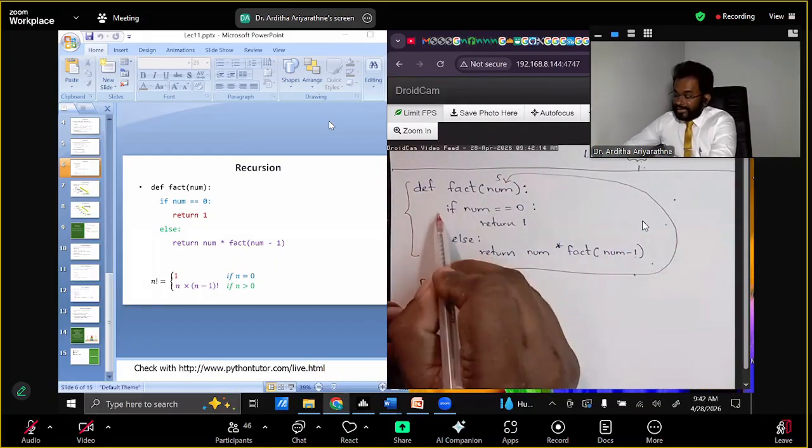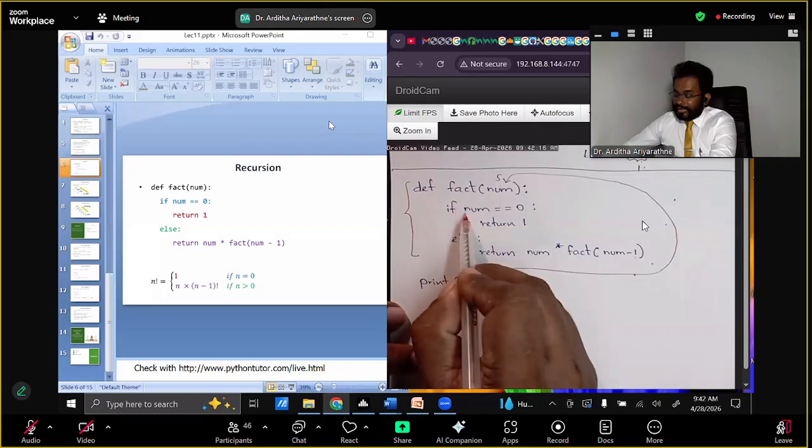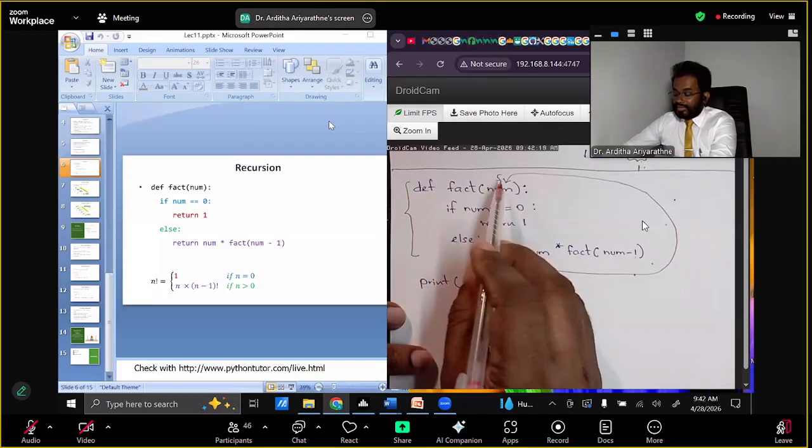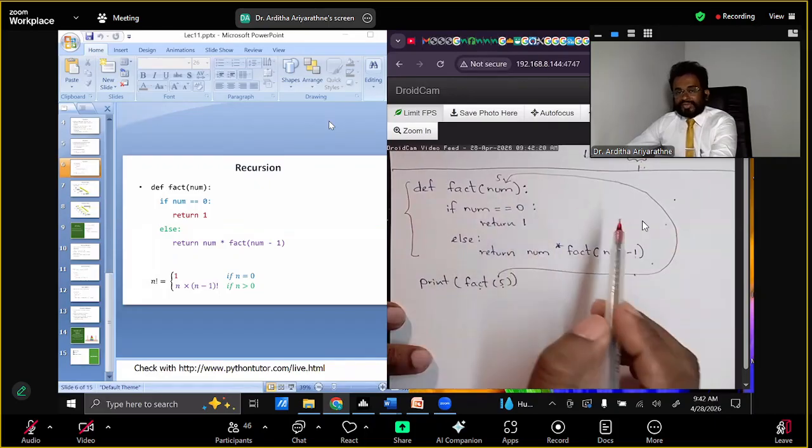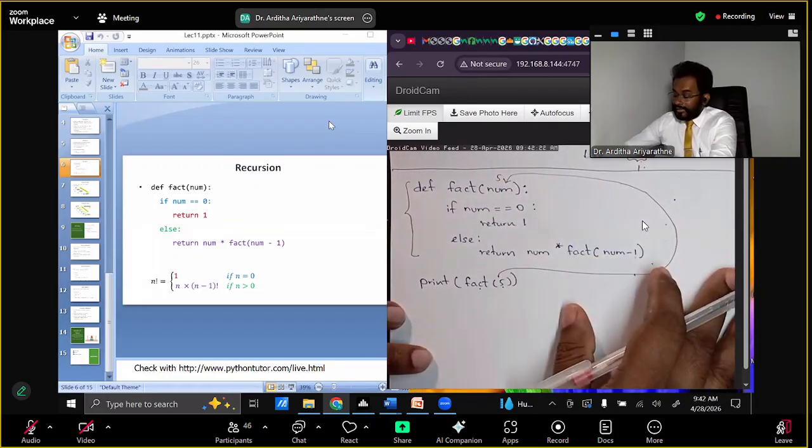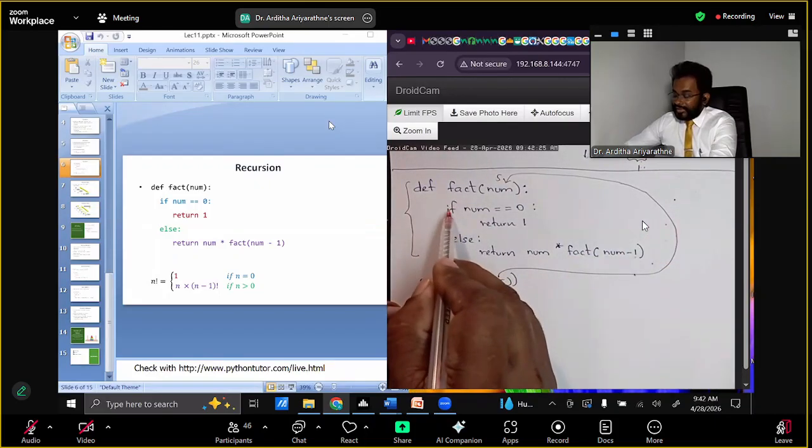Now we are going inside, and we check if number is equal to 0. No, not equal to 0. Then since it is not successful, we go for else.